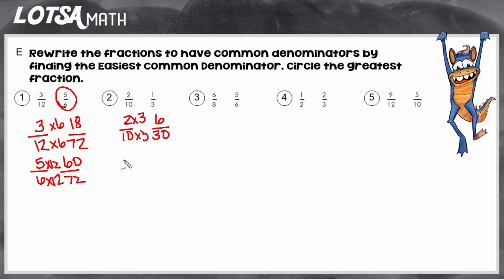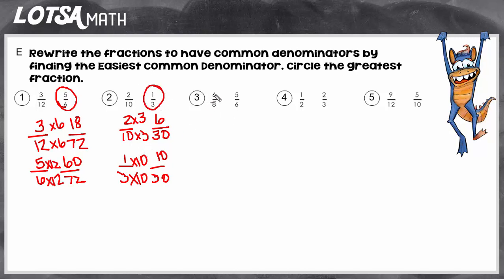Okay, so now I'm going to do it with 1/3. So 3 times 10 is 30, and 1 times 10 is 10. So here we have 6/30ths, and here we have 10/30ths. So 10/30ths is greater, so I know 1/3 is greater.